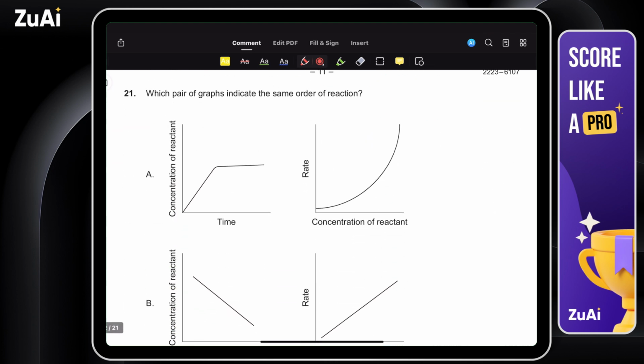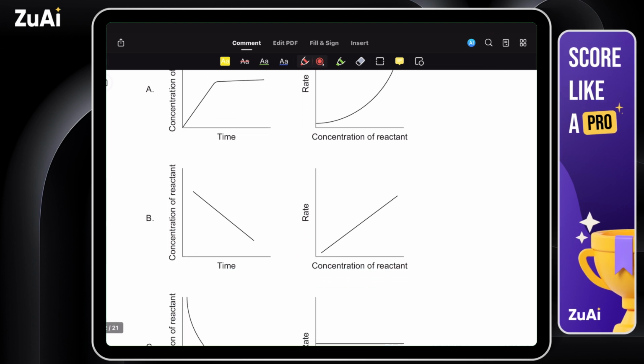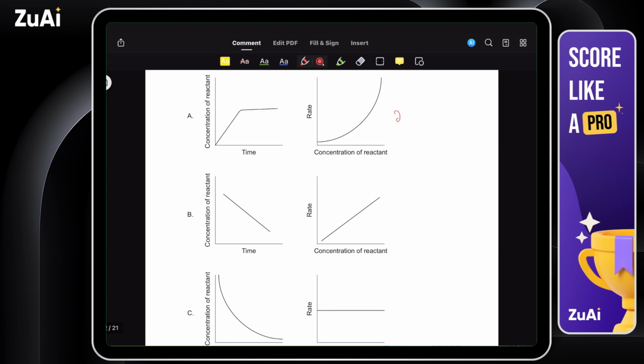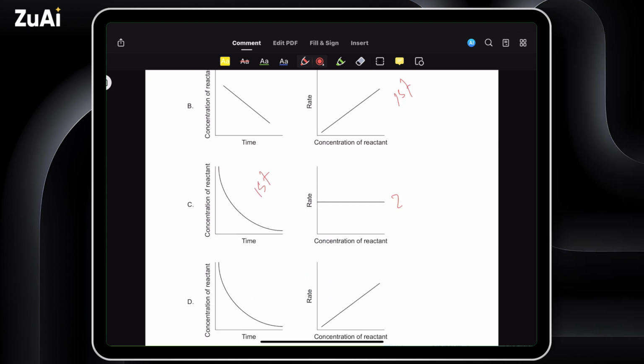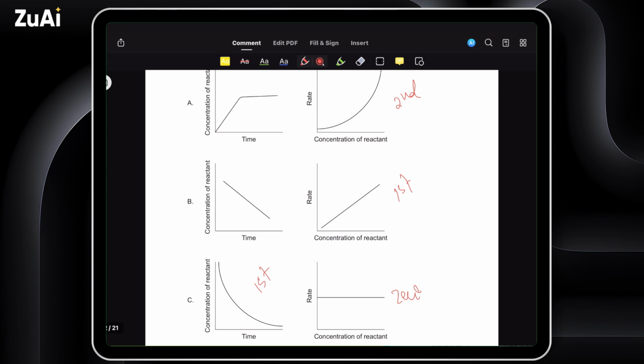First order. Which pair of graphs indicates the same order of reaction? You should know this is second order, this is first order, this is first order, rate is not going to change, this is zero order, this is first order, this is first order, and always remember this is for the zero order.